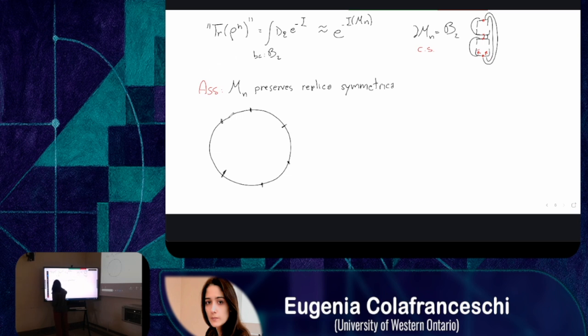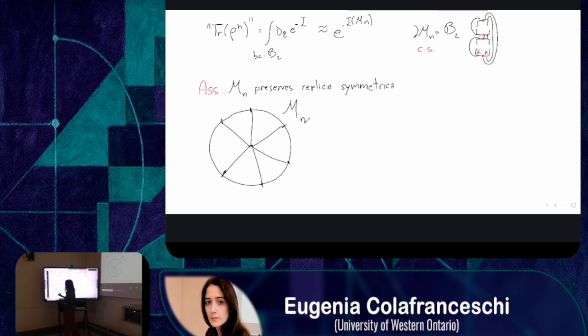So what we get is a sort of pizza in which all slices are equal to each other, okay? So the full bulk saddle is this Mn.